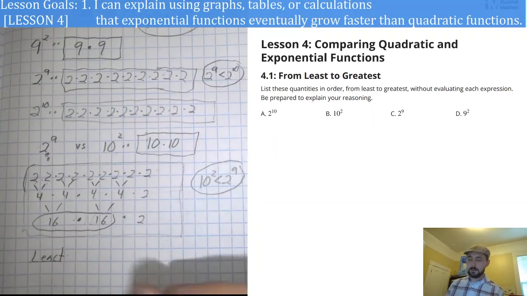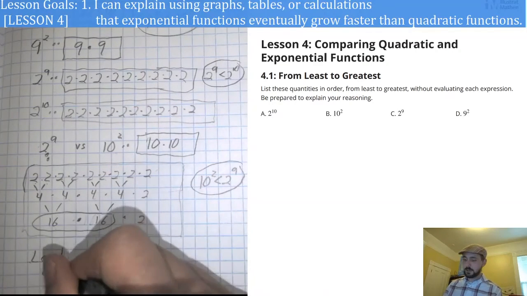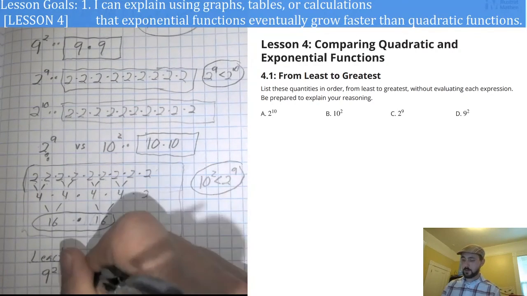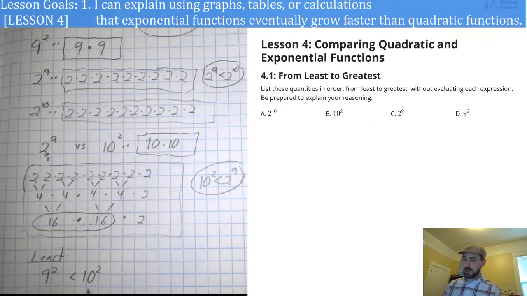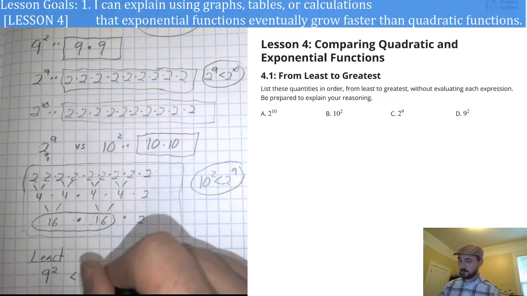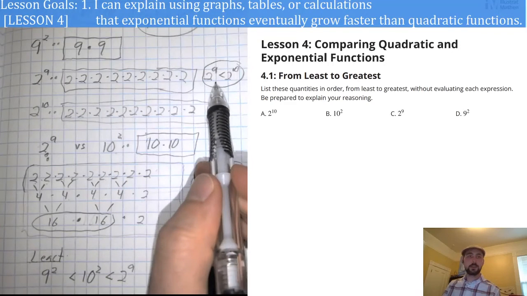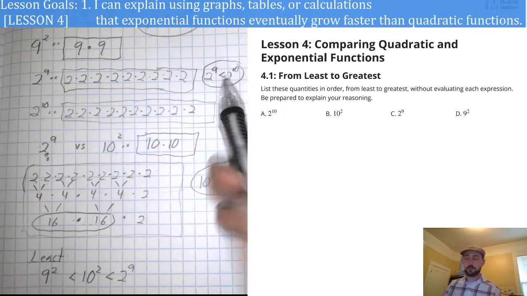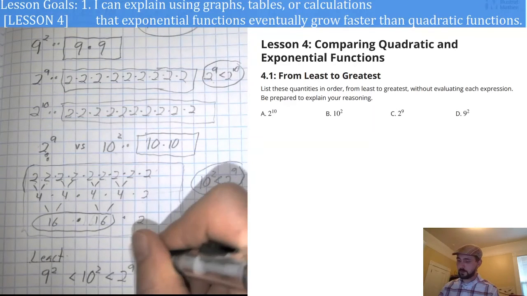So the least number is 9 squared because we know that 9 squared is smaller than 10 squared. And we know that 10 squared is smaller than 2 to the 9th. And we know that 2 to the 9th is smaller than 2 to the 10th. So this is the greatest.